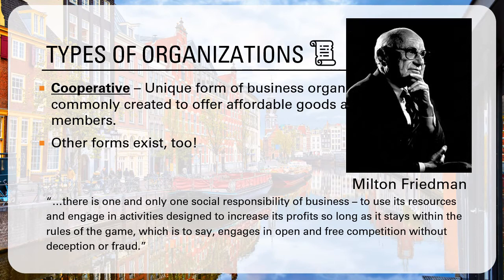They might not necessarily just want to maximize profits. They might want to maximize the longevity of the business, or their own values and other things. So again, this is just a brief introduction to show you the different sides of organizations. But there are more forms that exist too.